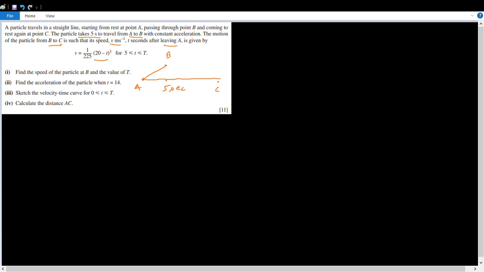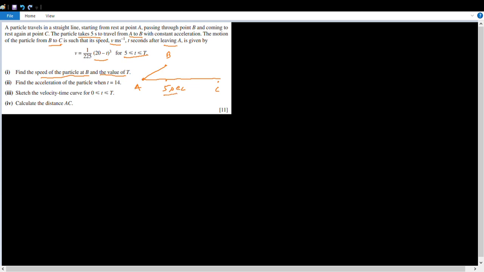Okay, so now find the speed of the particle at B and the value of t. This value of t we are supposed to find out, and the speed of the particle when the particle is at B. So when the particle is at B, obviously time is equal to 5 seconds.